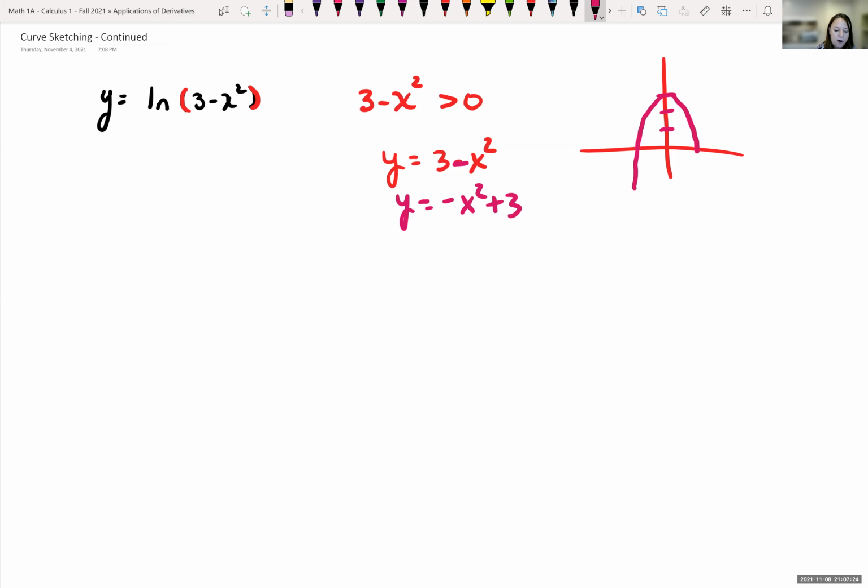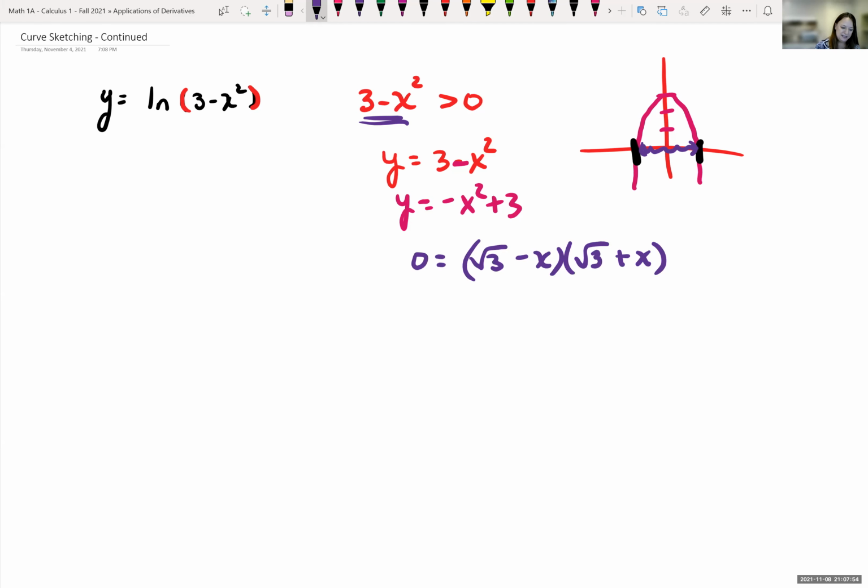And so we're looking for all the x values for which this is greater than 0. So all the x values where this is greater than 0 is in here. And so setting this equal to 0 or factoring this, we're looking at when is 0 equal to, this is a difference of squares, we can think of it like root 3 minus x, all times root 3 plus x, if you want to think of it that way.